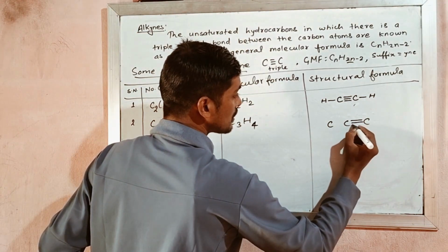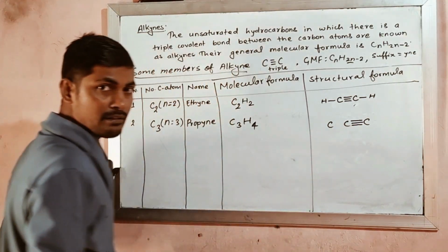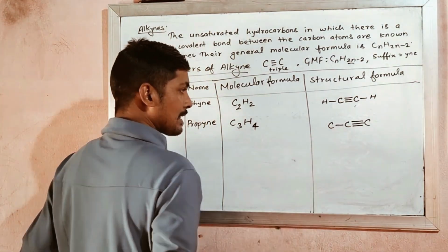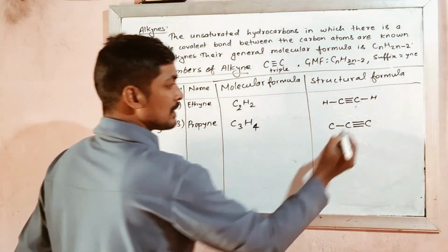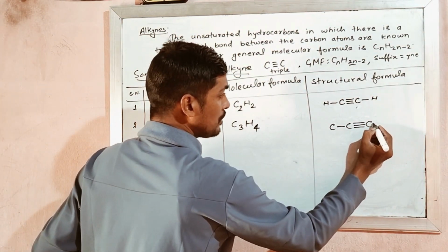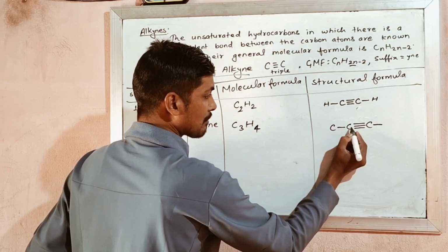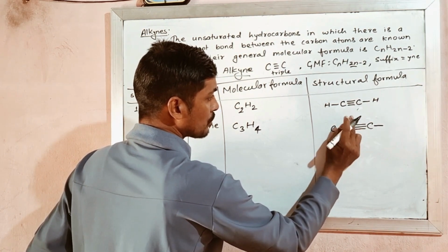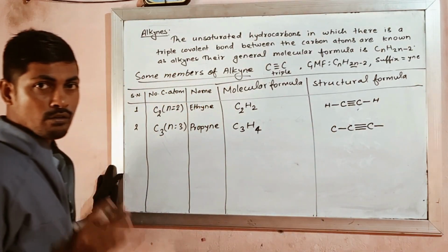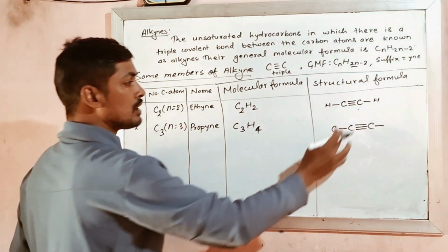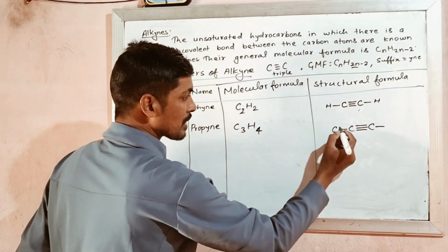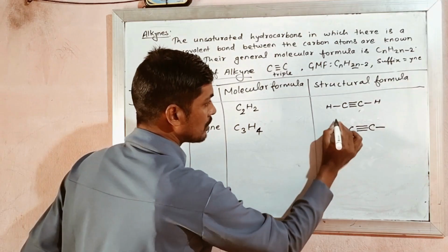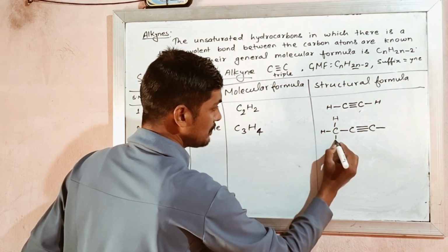And on the rest of the carbon atoms, there should be a single bond. And after that, complete 4 bonds on each carbon. This carbon already has 3 covalent bonds, so one more here. Now this second carbon has 3 bonds this side, 1 bond this side. Oh sorry, 4 bonds are already complete, so we can't add any more bonds here. Now in the third carbon, 1, 2, 3, 4. Connect hydrogen.